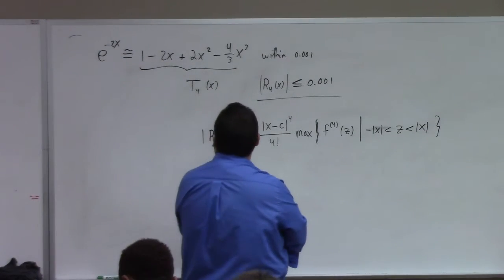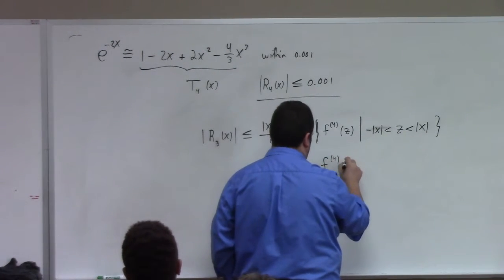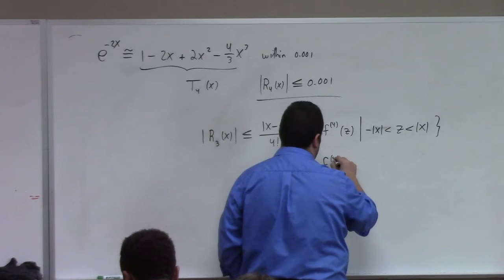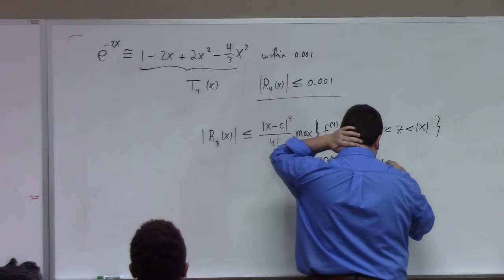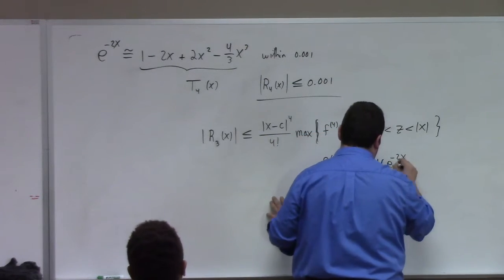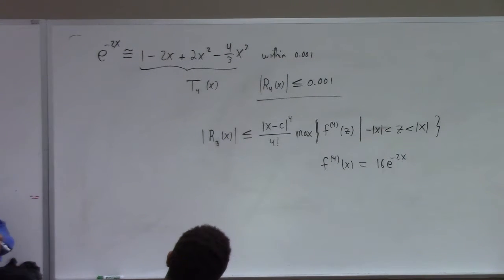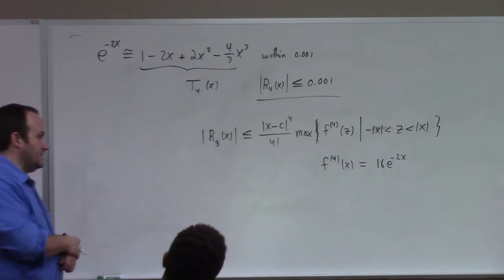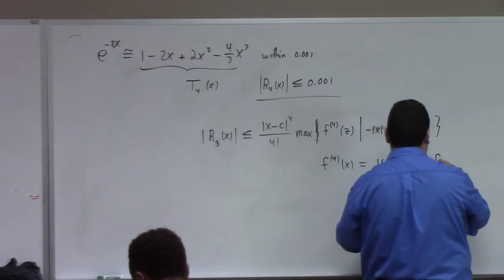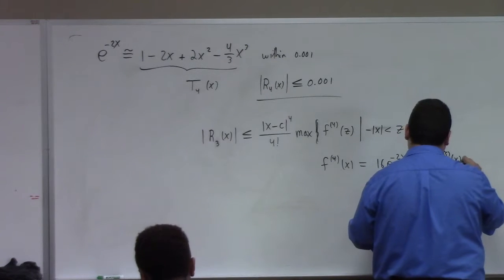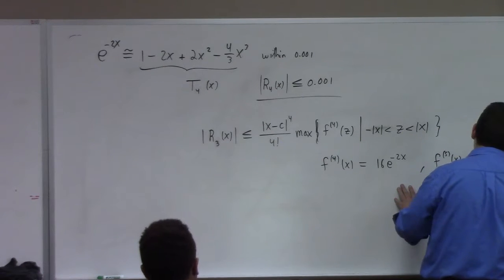What is the 4th derivative of e to the minus 2x? It's 16 e to the minus 2x, because minus 2 to the 4th is 16. And then, if you look at that, what's the 5th derivative? Yeah, minus 32 e to the minus 2x, which is certainly less than 0.